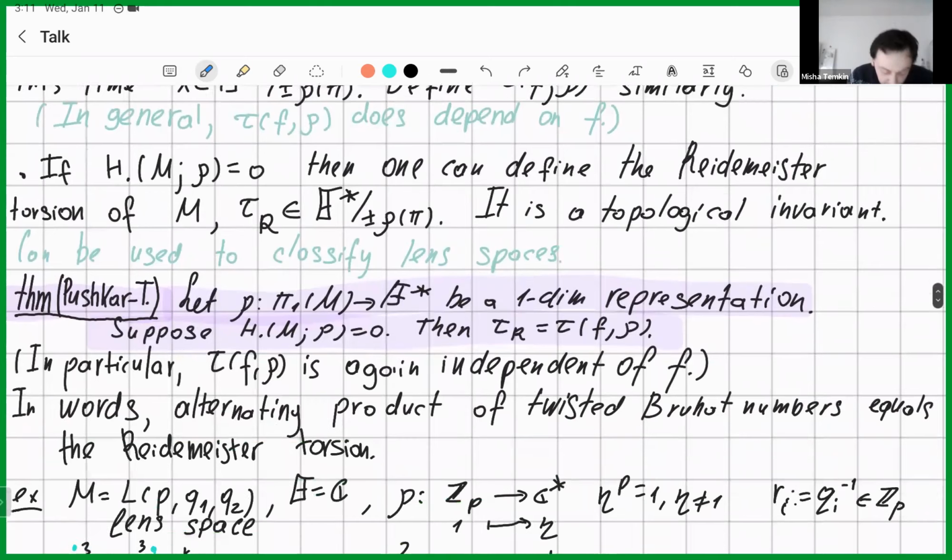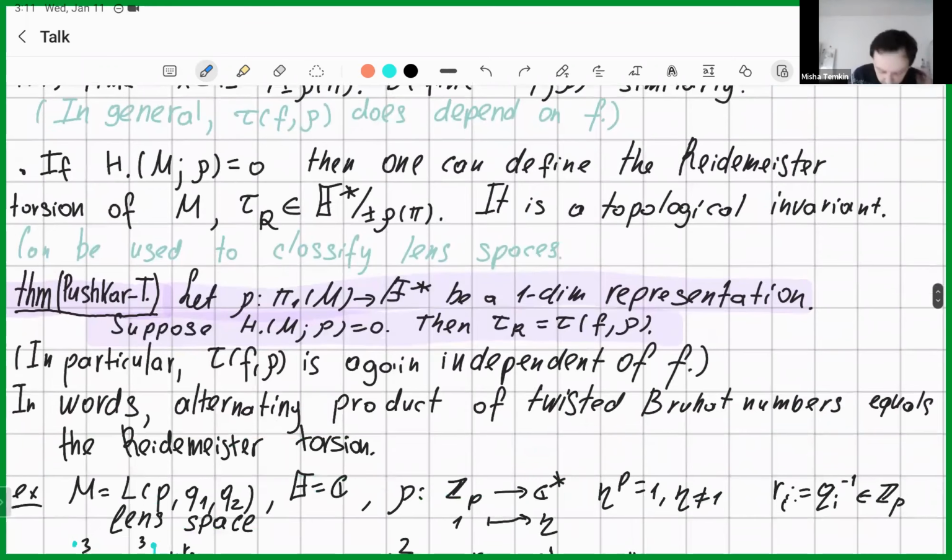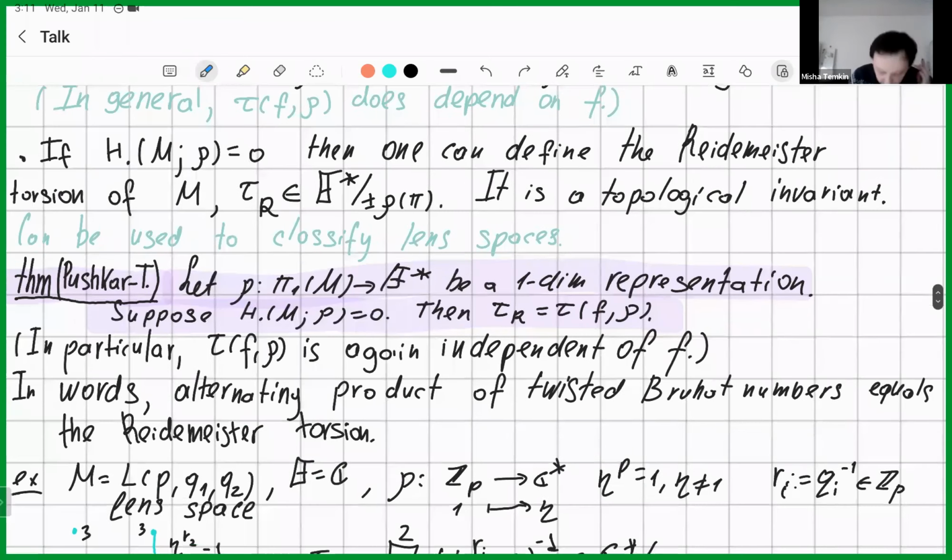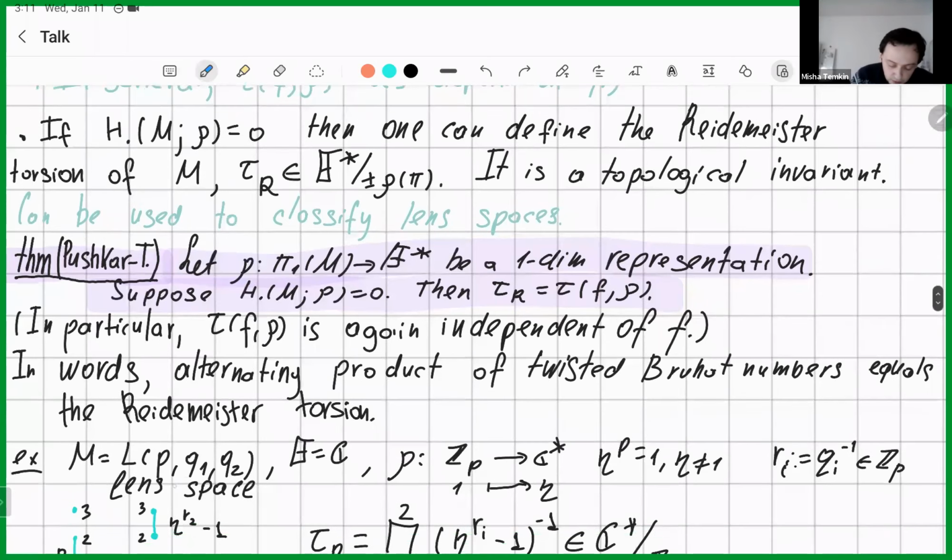An example is the lens space, say the three-dimensional lens space. I'm going to be brief here. It is a manifold which depends on three integers p, q1, q2. The qi's are coprime to p. For the field F, one has to take C. The rho: the pi one of the lens space is Zp, so I should give you the map from Zp to C star.